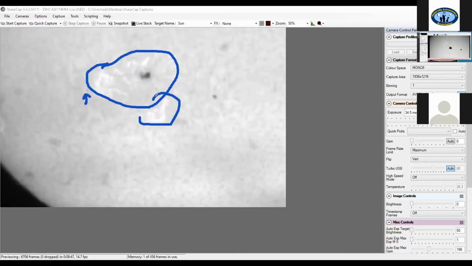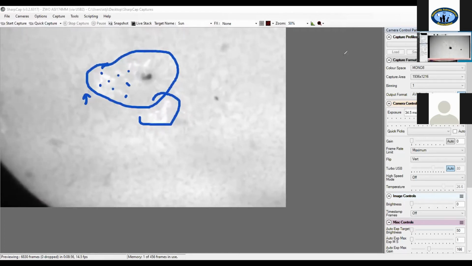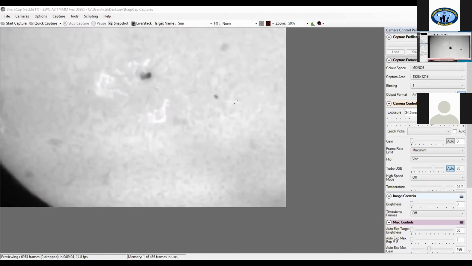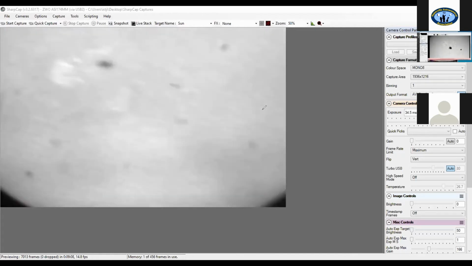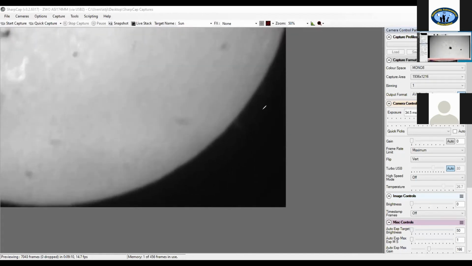If we were more zoomed in on a white light filter, you'd see, if you remember earlier, a whole trail of sunspots through there. But I'm not seeing those in this specific filter.